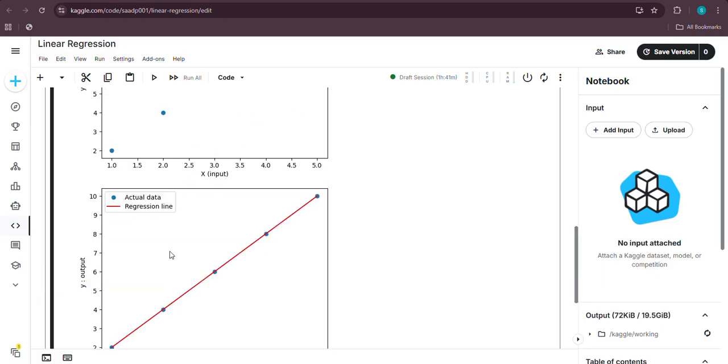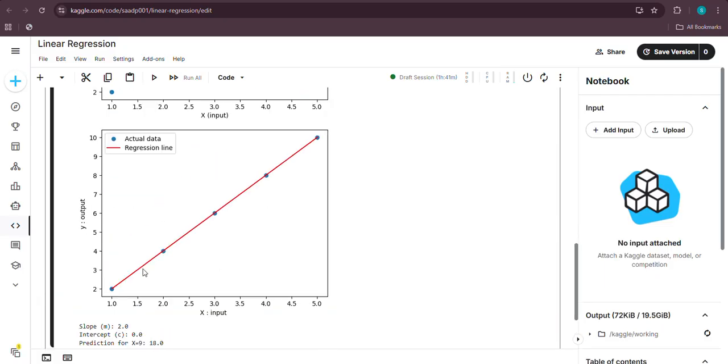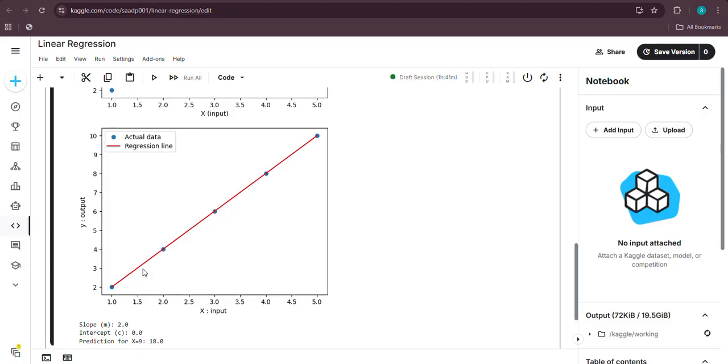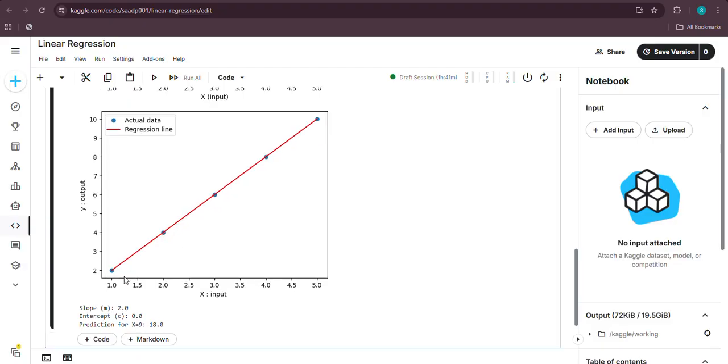We can see that the correlation between those two entities is positive, and the linear regression is showing positive data. Means for an increase in x, the y will increase, and it's not mandatory that it will double. It will increase, but it may vary, depending on our data and our test data.